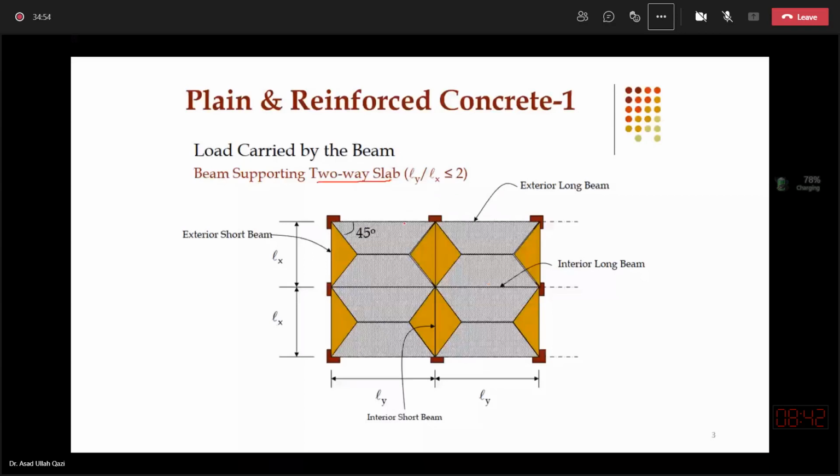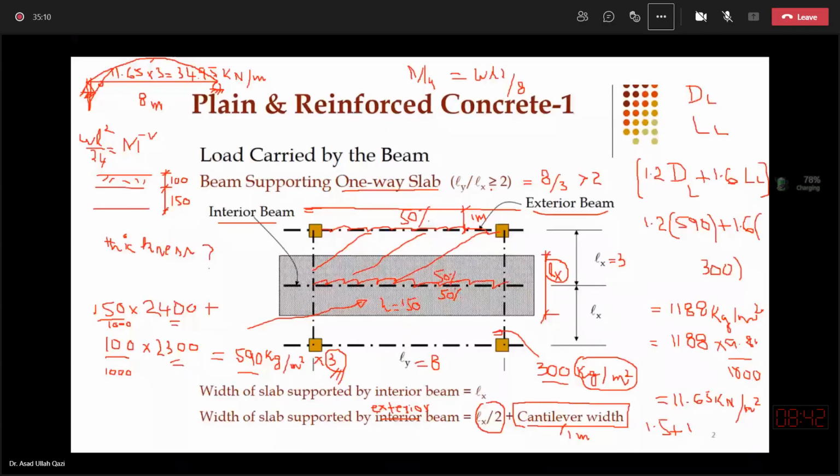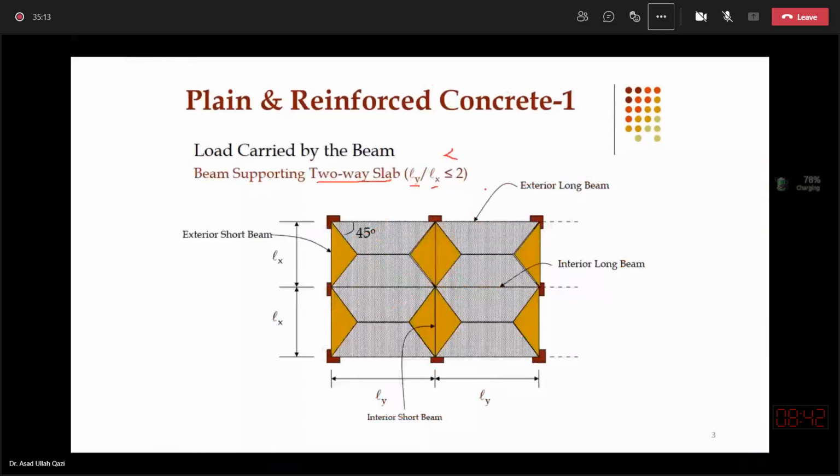If it comes out to be less than 2, although it is shown as equal to or less than, and for one-way it is given as greater than or equal to 2, it means equal to 2 is almost on the bound. It almost has predominantly one-way behavior. So you can say that if the aspect ratio is less than 2, the slab will be two-way and the load distribution will be two-way.